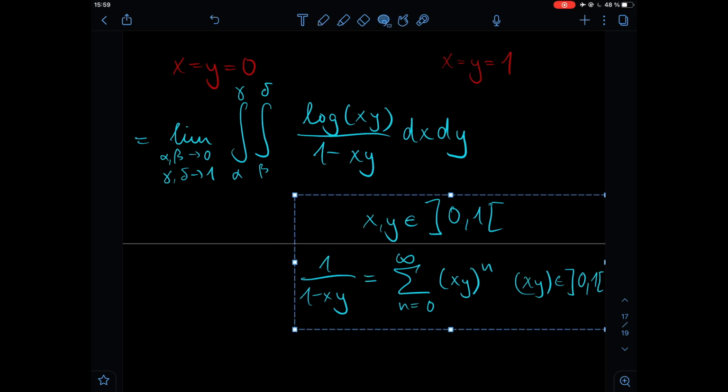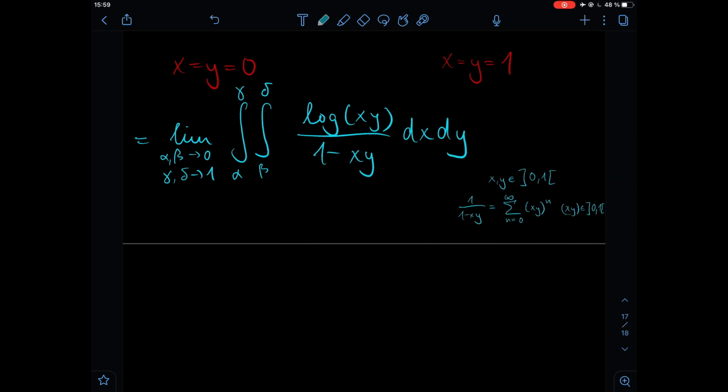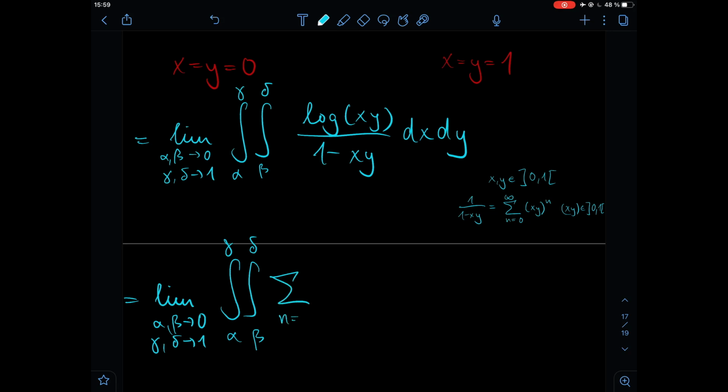So what we can do is plug that into our integral here. So we have the limit of alpha beta going to 0, gamma delta going to 1, and then we have the integral over alpha to gamma, beta to delta, times the sum going from n equals 0 up to infinity of xy to the power of n times log of xy, and then dx dy.